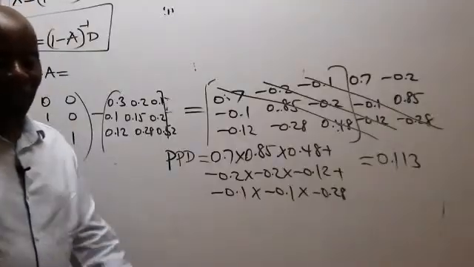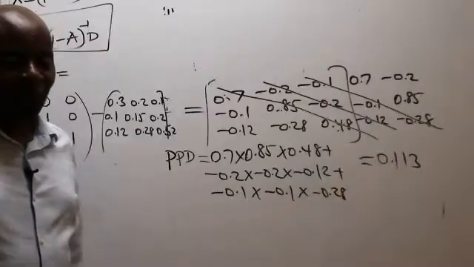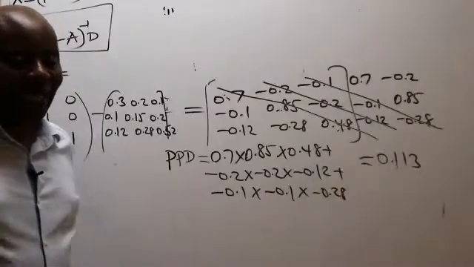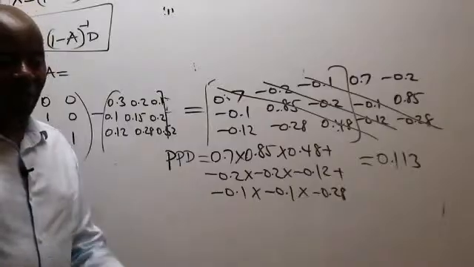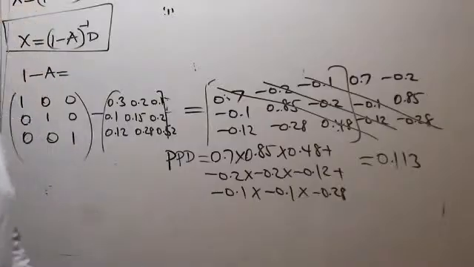They're getting different figures for PPD. And I want to believe it is because of the signs. Somebody must be missing out on some sign. PPD. I'm looking for PPD.